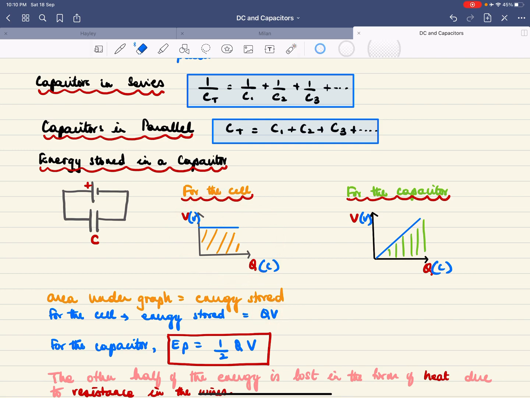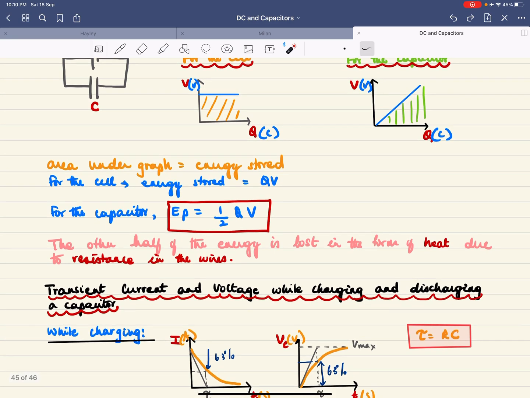But a capacitor's plates are not charged at the start, so there is no voltage across it. But as more and more charges accumulate on the plates, the voltage across the capacitor plates increases till it becomes equal to the supply voltage. And so the area under this is only half QV. So what's happened to the other half of the energy? It's actually lost in the form of heat due to resistance in the wires.